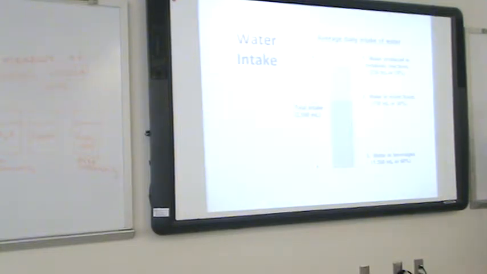So the intake of water, this again is mostly a decision. This is something that we generally decide to do in some way on a daily basis by what we drink. And look how much water we get out of foods.